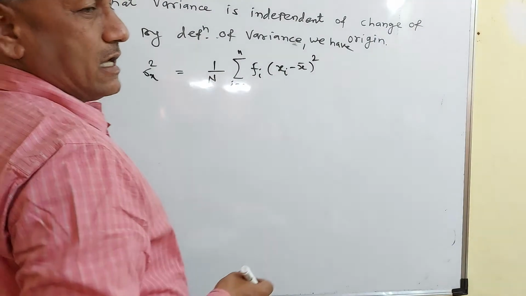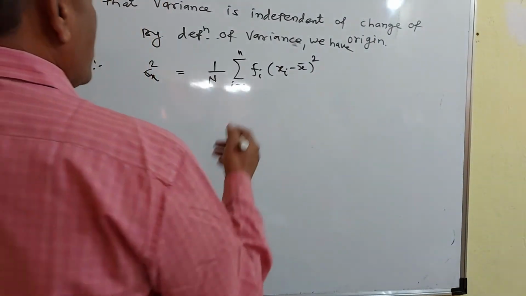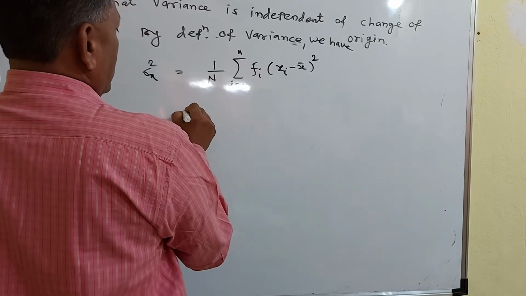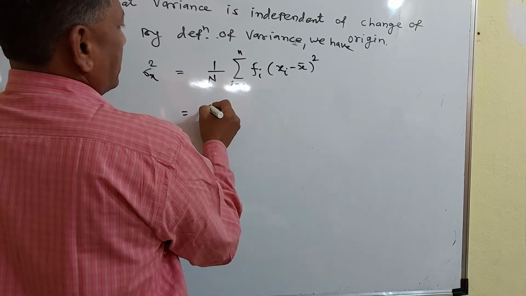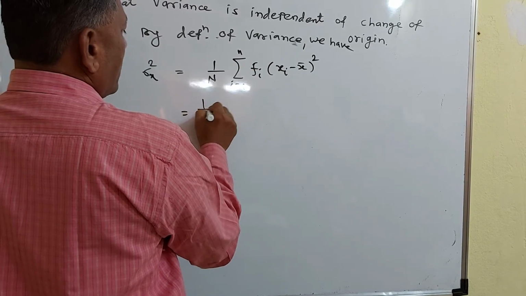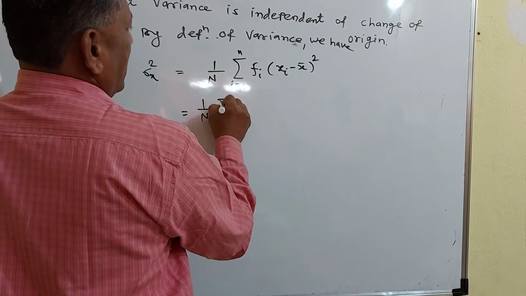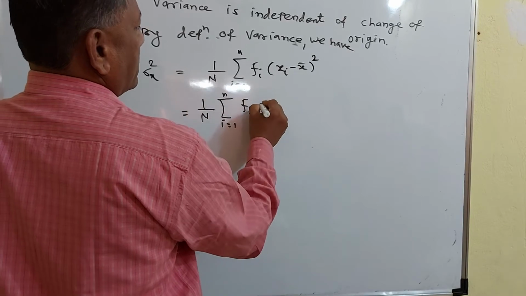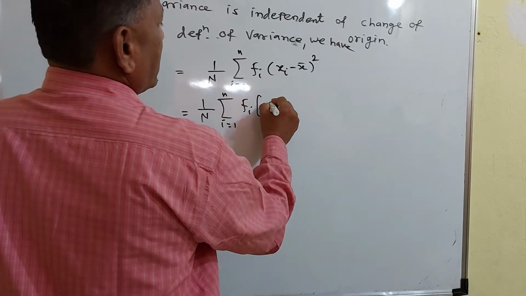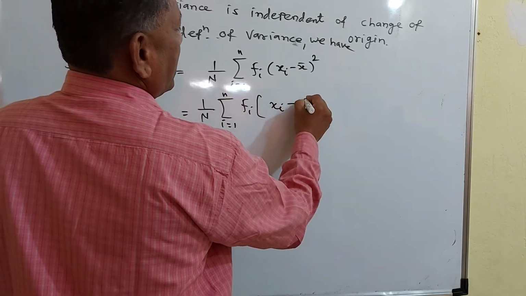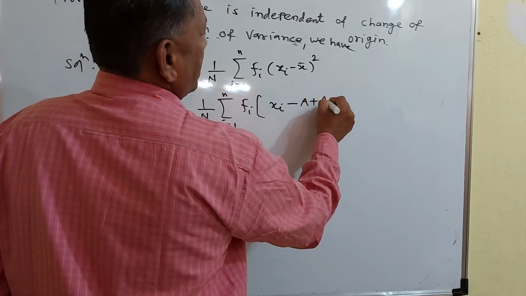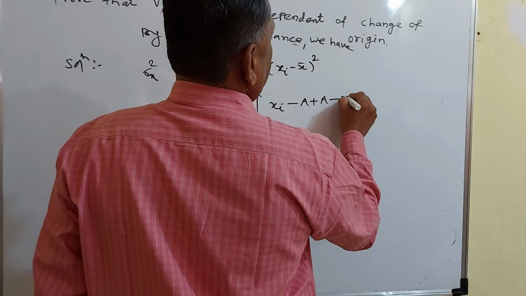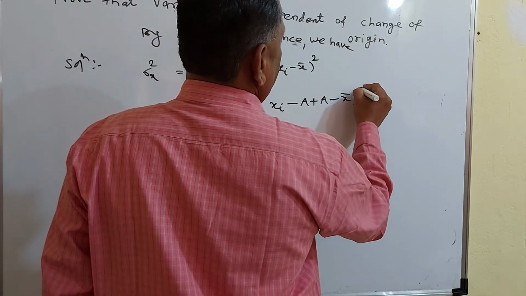So you have to see the other formula of variance. You compare that formula to here and check the result. 1 upon n summation of fi, i going from 1 to n, into xi, you subtract and add A, where A is arbitrary, minus x bar square.